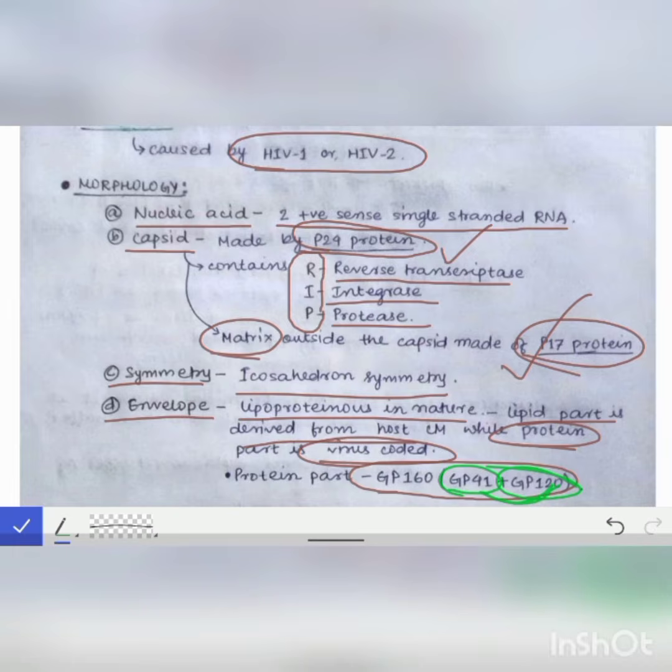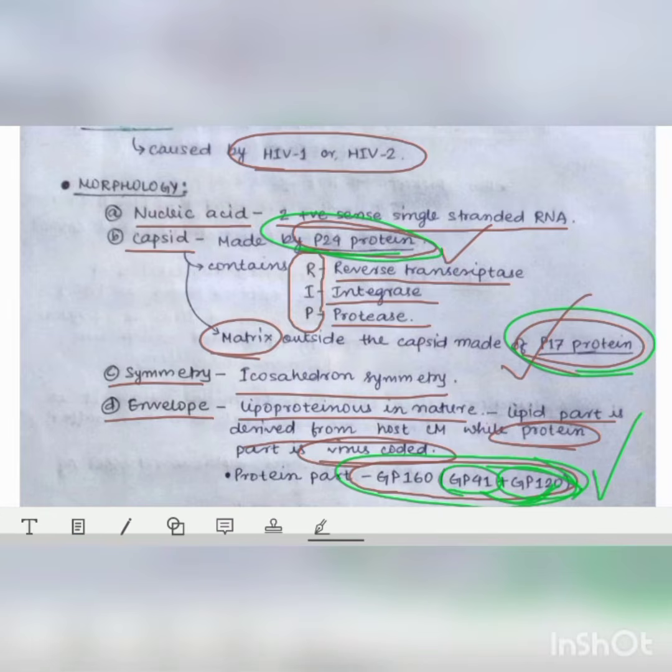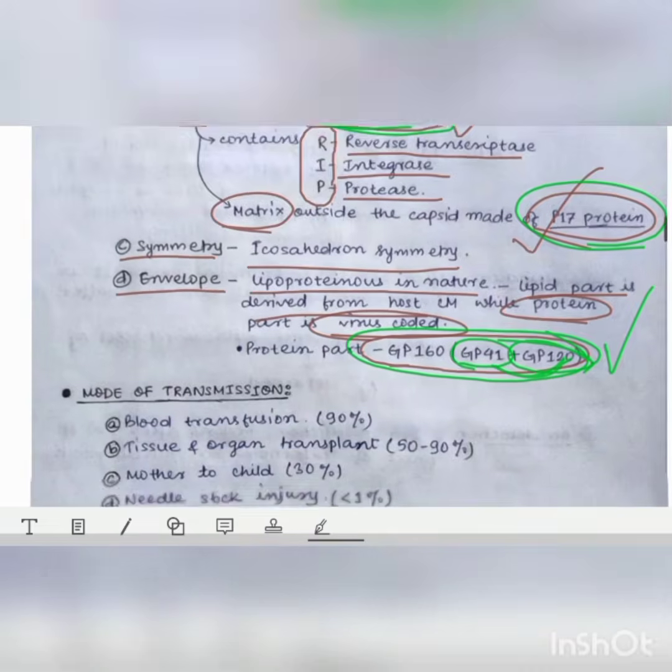Both of these subunits help in the penetration of the virus, so these are also important and should be remembered. So we have seen P24 proteins in the capsid, P17 protein in the matrix, and GP160 glycoprotein in the envelope. This is all about the morphology of the virus and should be remembered for the university exams.